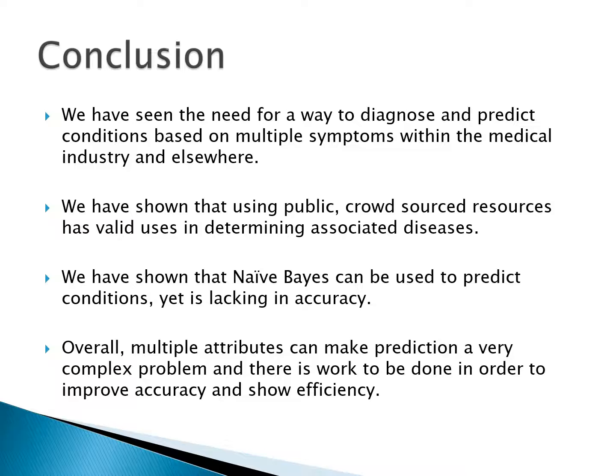We have shown that Naïve Bayes can be used to predict conditions, yet is lacking in accuracy. Like we mentioned, that's one of the things in progress. Overall, multiple attributes can make prediction a very complex problem, and there's work to be done in order to improve accuracy and show efficiency.